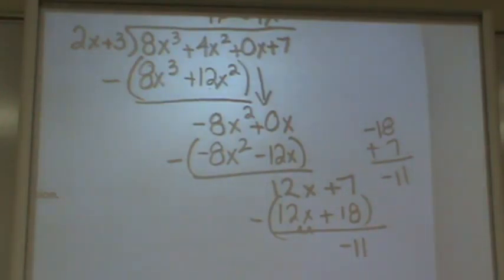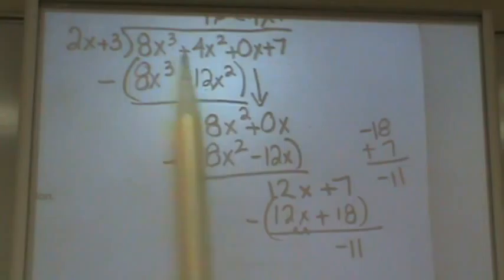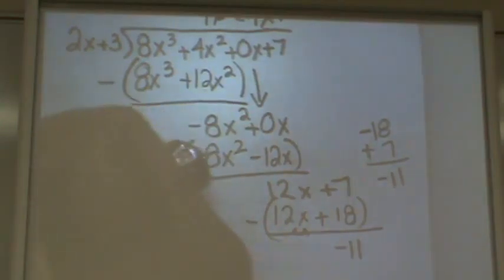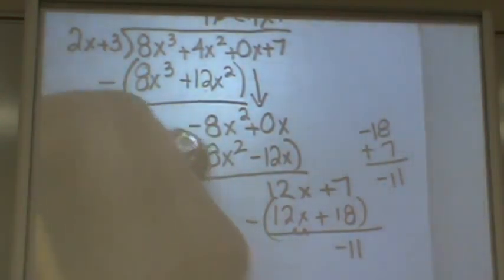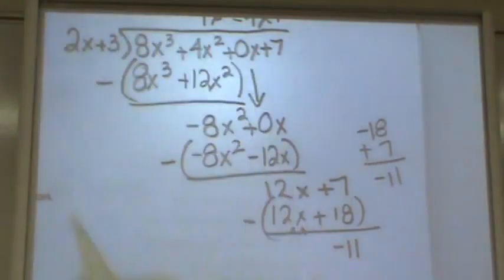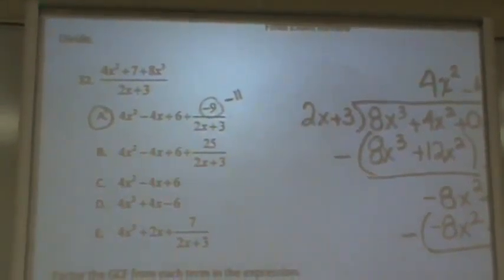The answer to 32 is A. They have negative 9 for an answer. I don't believe, let's see if we did something wrong. Looks like there might be an error. This should be a negative 11. Negative 11 instead of negative 9.